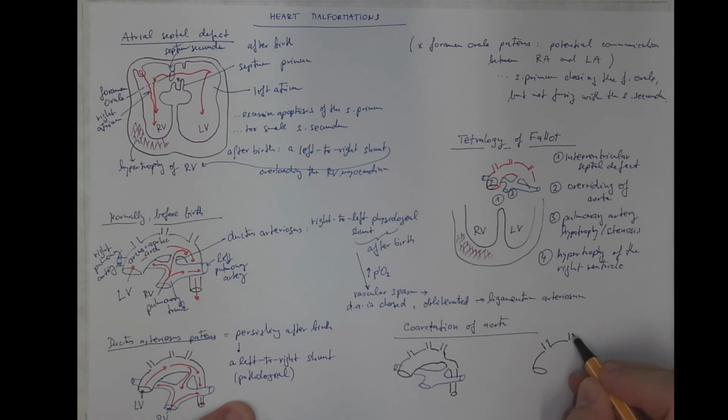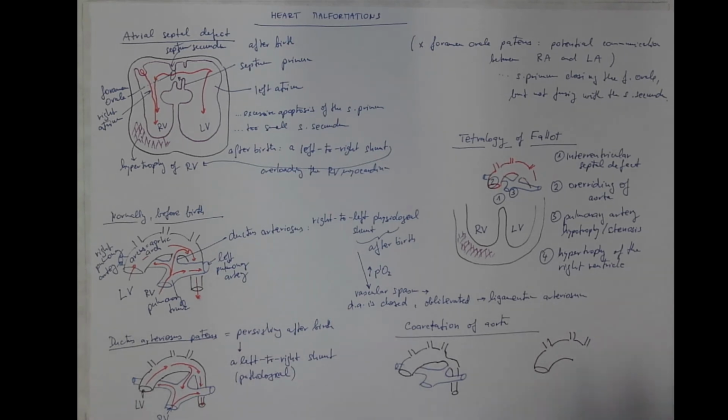The aortic arch. Now the pulmonary trunk, with the pulmonary arteries, and there will be here the narrowing of the aorta.